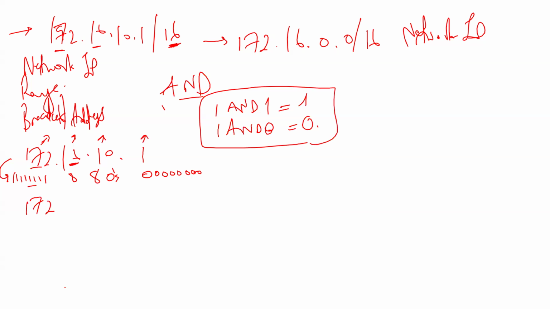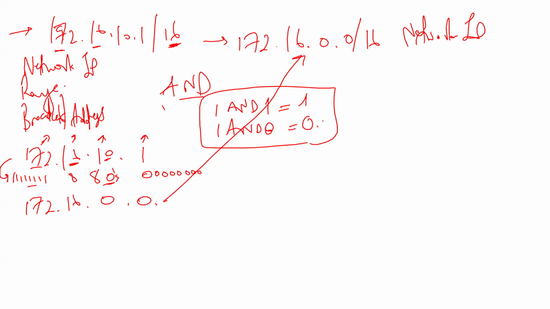That's the AND we are talking of. So if you AND these two values in their binary form, what you get is 172.16. Then if you AND any value with 8 zeros, you get a 0. That's where we are getting this value. So to identify your network ID, you just AND your IP address with your subnet mask or prefix length, whichever is the easiest way for you.